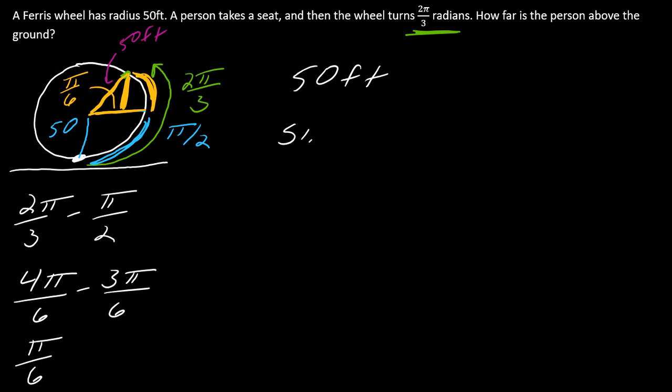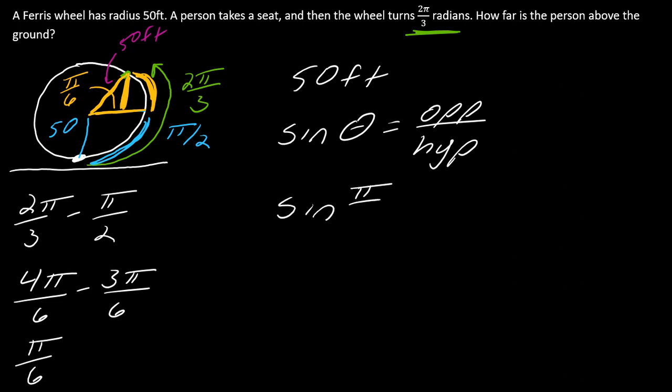So I'm going to use sine of theta equals opposite over hypotenuse. In this situation, sine of pi over 6 equals the opposite, which is what I'm trying to get, over 50. Okay, cool. Now I've got everything that I need.